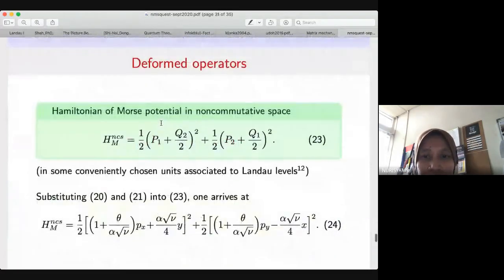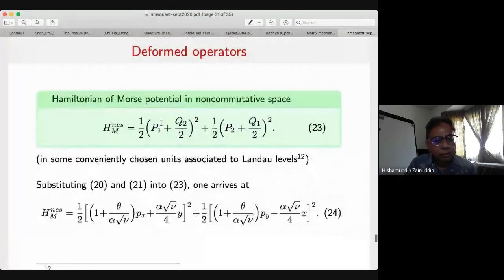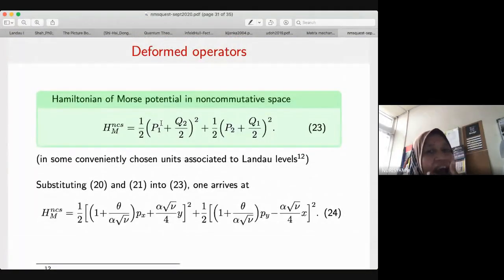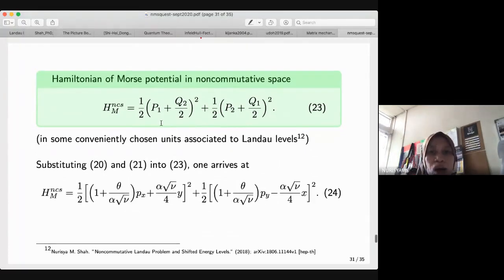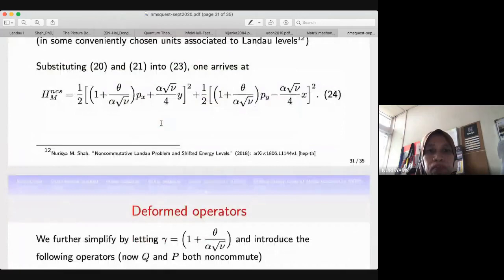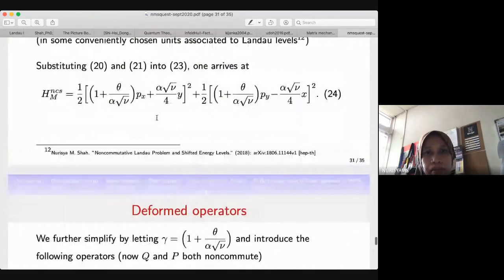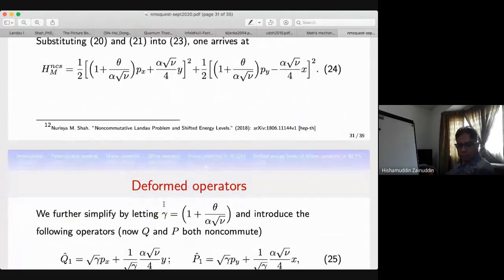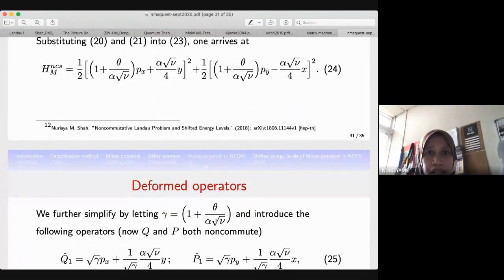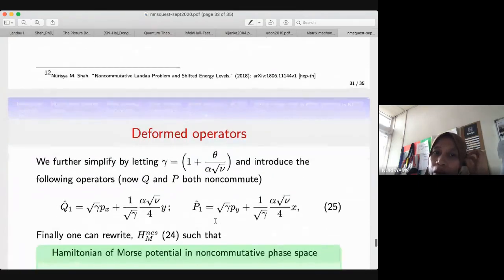So can I continue? Yes. So this is like a lambda. Correct. Once we go there, you can further simplify. With some algebraic manipulations, you let gamma be this form of parameter, and you introduce the following operators.